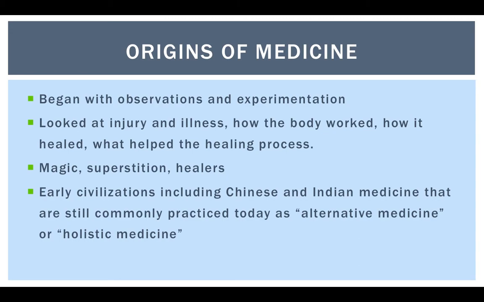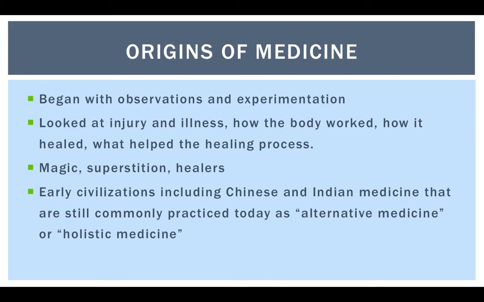They would look at when the body does work how it's supposed to. They would look at how it healed itself. They would see what helped in the healing process, things like herbs. It began a lot with magic, with superstition, with local healings. People just trying different things to see what would really work.